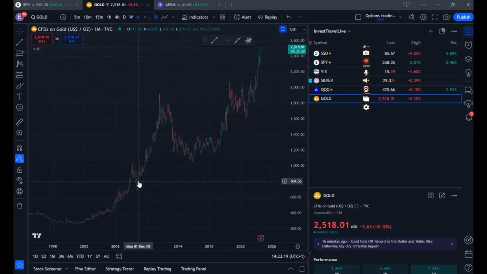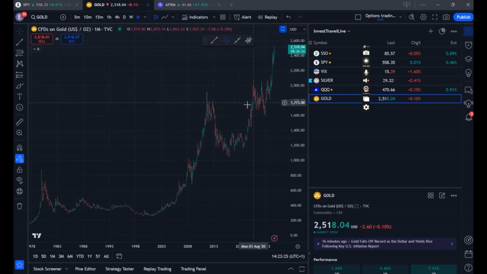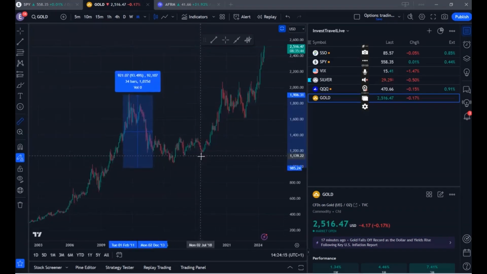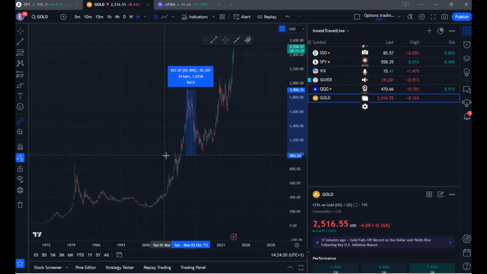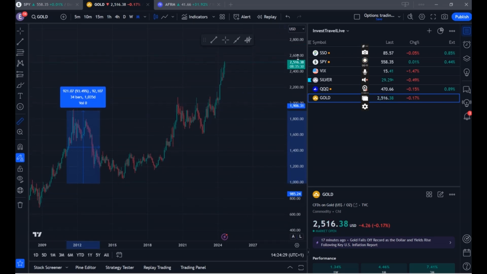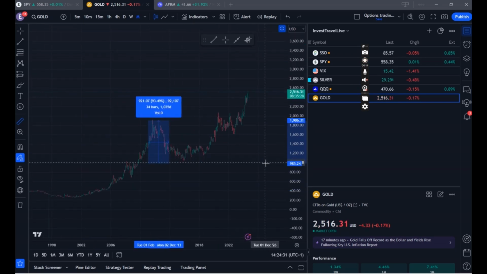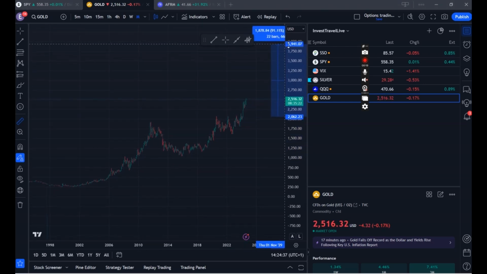Well, I like to compare this section here, from October 2020, this consolidation, until October 2023. From that consolidation, which is very similar, this one here to this one here, gold has gone up 93%.